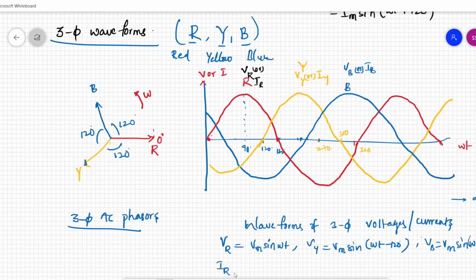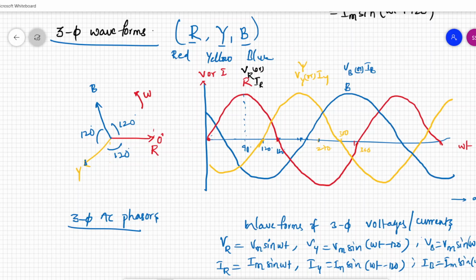Similarly, IR equal to Im sine omega t, Iy is coming after 120 degrees, sine omega t minus 120, Ib is Im sine omega t minus 240 or plus 120. So this is about three phase waveforms representation.